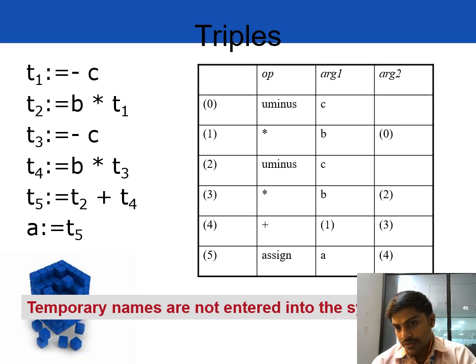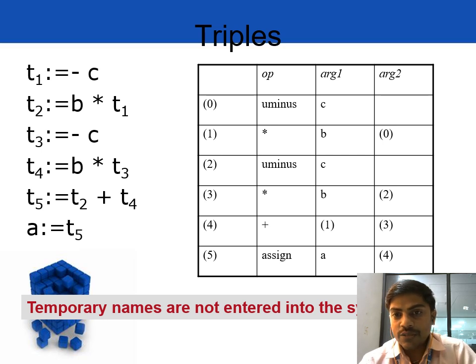intermediate codes. And from this slide we can understand that the argument 2 for the second instruction, T2 = B * T1, is implemented as index 1 using the operator star, argument 1 as B and argument 2 as index 0.